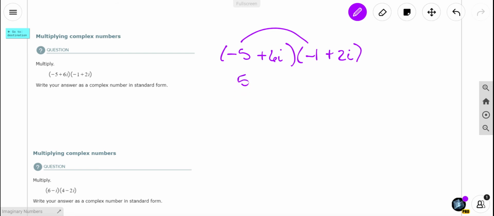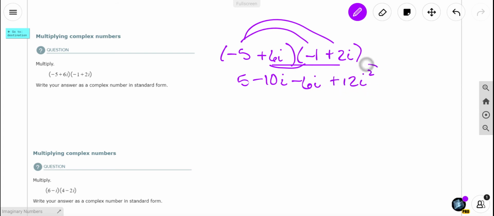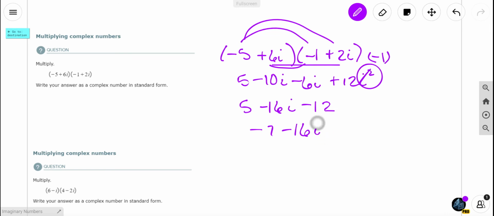You're going to get 5 minus 10i minus 6i plus 12i squared. i squared is negative 1. So that means 5 minus 16i minus 12. So simplifying it all the way down, and there you go.